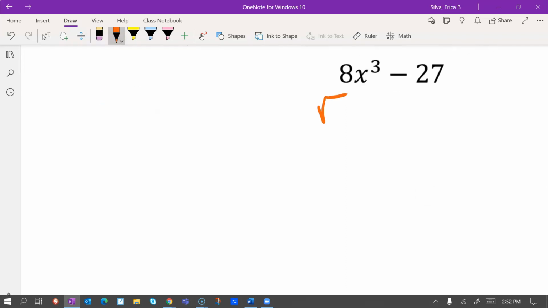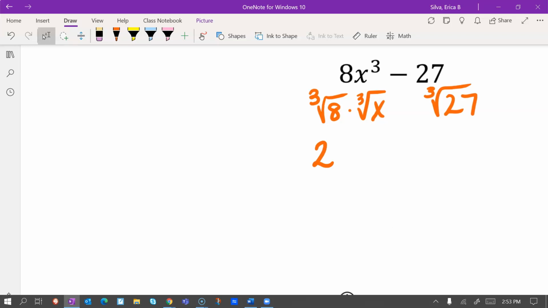So we're going to do the cube root of 8 times the cube root of x cubed, and then we want to do the cube root of 27. The cube root of 8 is 2, because 2 times 2 times 2 is 8, and the cube root of x cubed is x.